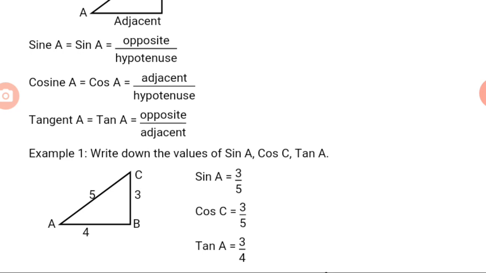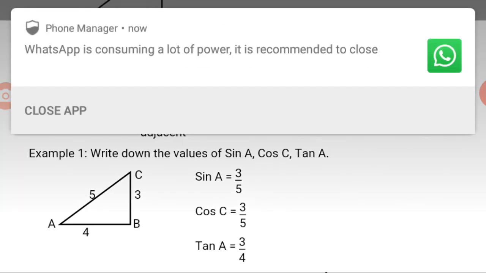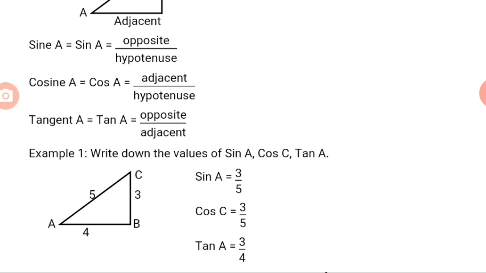Now, example 1. Write down the values of sine A, cos C, and tan A. Now, sine A, as you all know, the side that is opposite to angle A is line BC.